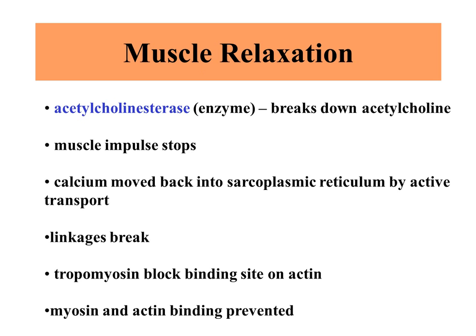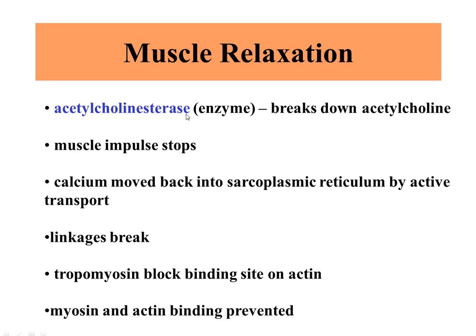You don't want that. So to stop the muscle from contracting, you need this enzyme that is released on the motor end plate and into the synaptic cleft. Acetylcholine esterase, an enzyme, is released.